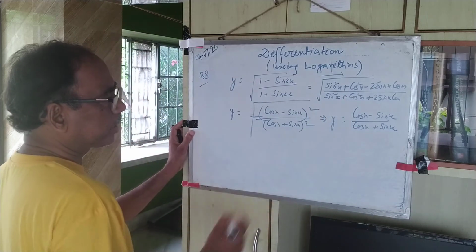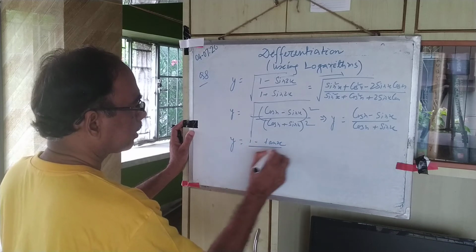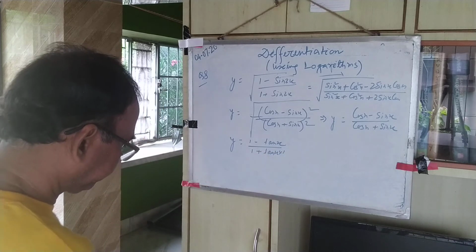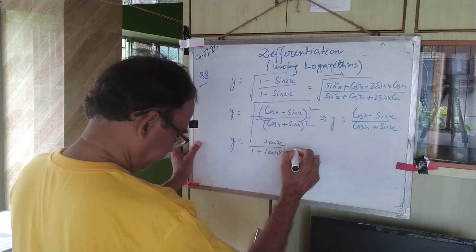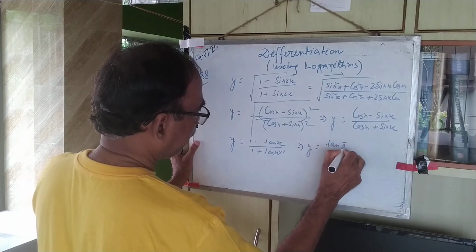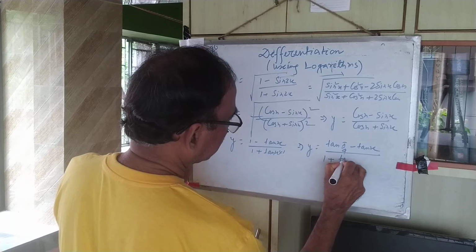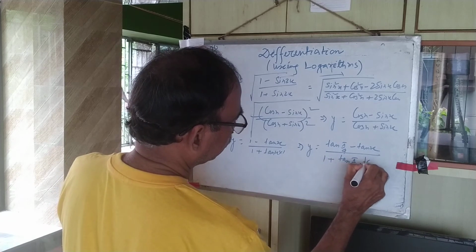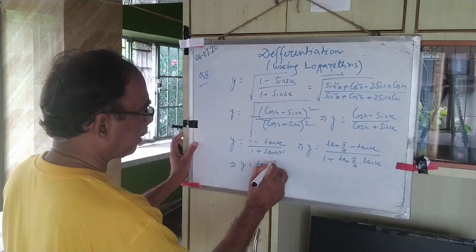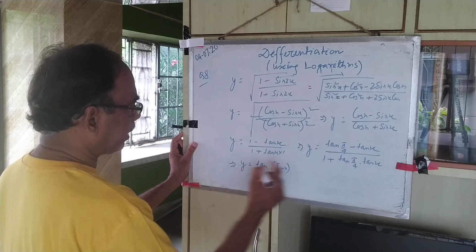Now divide numerator and denominator by cos x, so y equals 1 minus tan x over 1 plus tan x into 1. That means y equals tan pi by 4 minus tan x over 1 plus tan pi by 4 into tan x, which implies y equals tan of (pi by 4 minus x), using tan a minus tan b over 1 plus tan a tan b equals tan (a minus b).